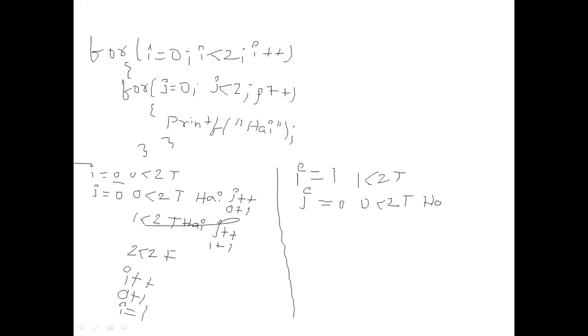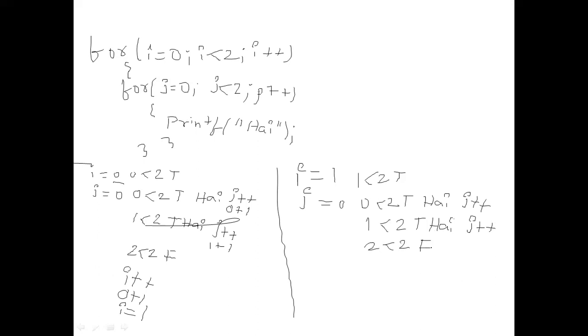So it prints hi and the j value gets incremented as done previously. So now j is 1, 1 is less than 2, condition is true. So again the body executes. So hi is printed, then the j value is incremented, then j is now 2, 2 is less than 2, condition is false.